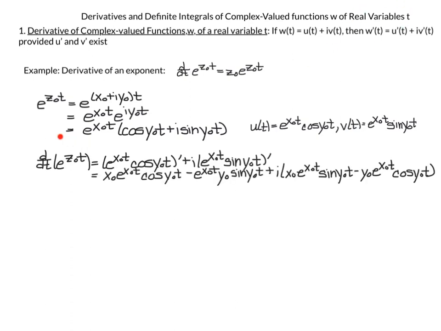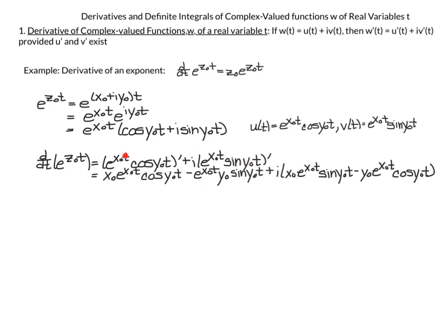This next step then, the derivative of e to the z naught t, by this statement here, I can take u prime of t. So u is e to the x naught t cosine y naught t, so I'm going to take the derivative of that, plus i times v prime of t, where v of t is equal to e to the x naught t sine y naught t. So I'll take the derivative, and I'll multiply i times the derivative of e to the x naught t sine y naught t.